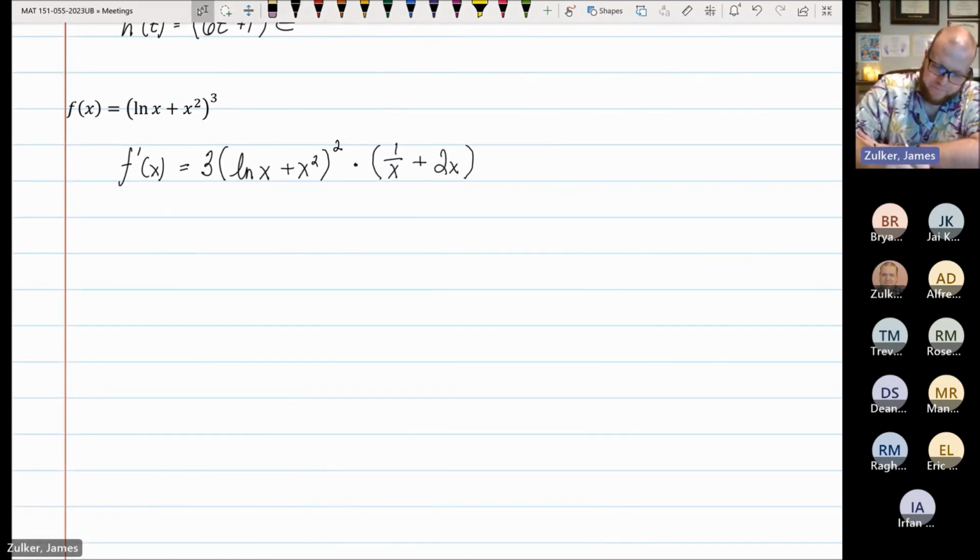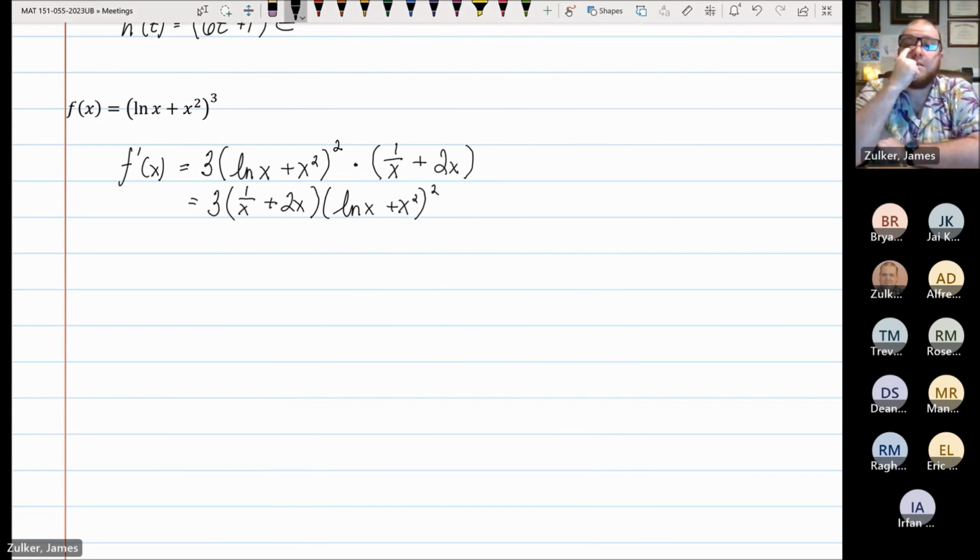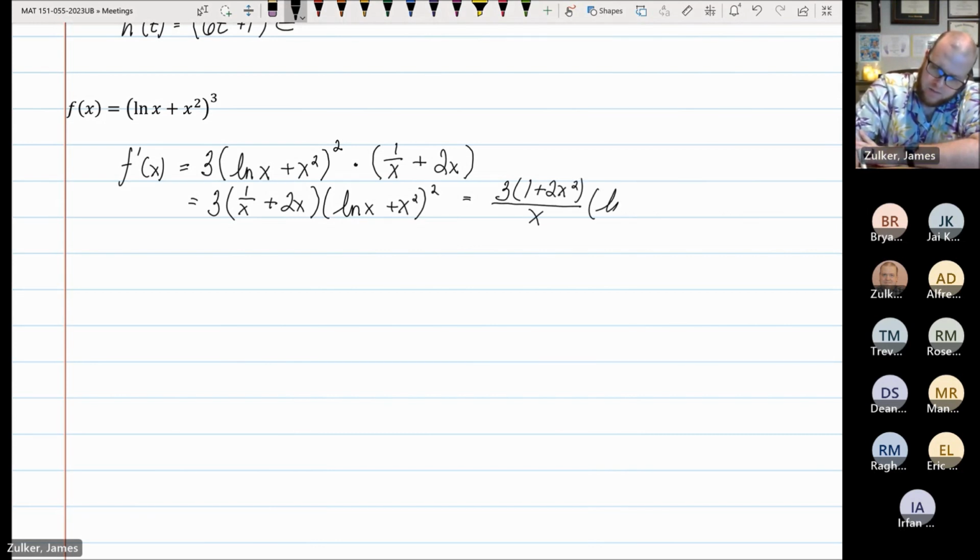You can leave it like that, or you can rewrite the order, or you could write it as a single fraction. Doesn't matter.